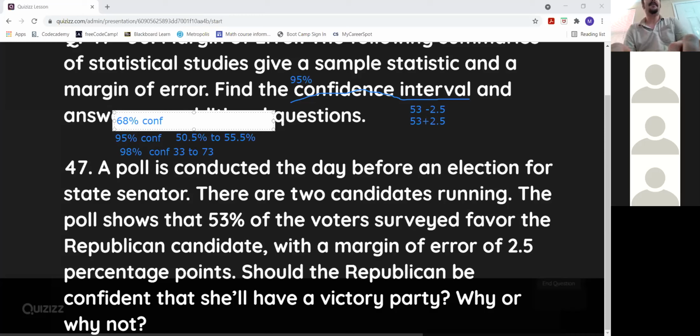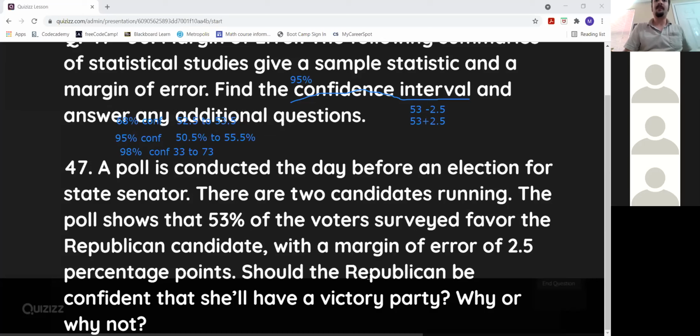So if we're at 68% confidence, it could be from 52.5 to 53.5. So you get a trade-off between how confident you are and how big your interval is. That's the moral of the story I'm trying to get at here, although the book does not go too in depth on that.